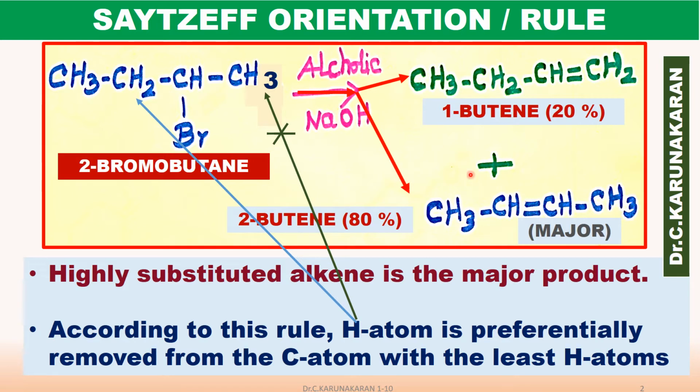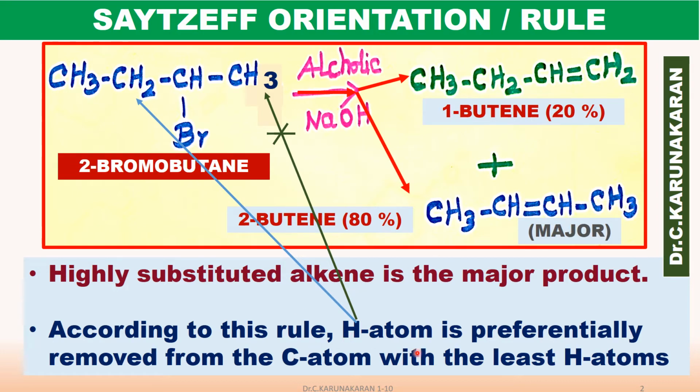It gives two products: one is 1-butene, another is 2-butene. In this case, 2-butene is formed as the major product according to Zaitsev's orientation or rule. This is the highly substituted alkene. This is not the highly substituted alkene.